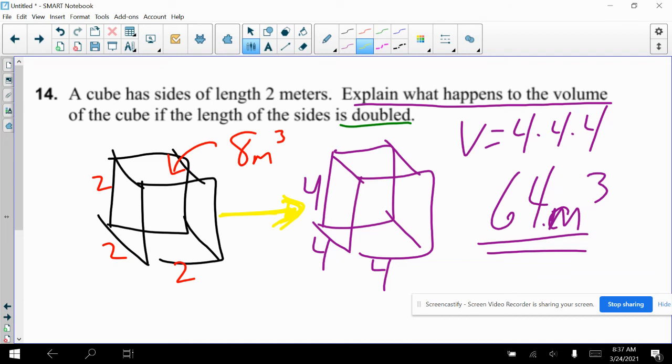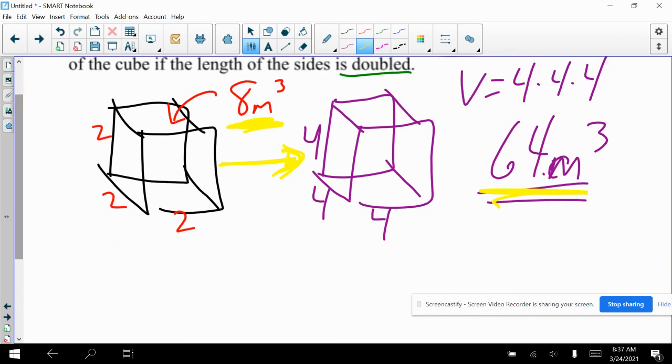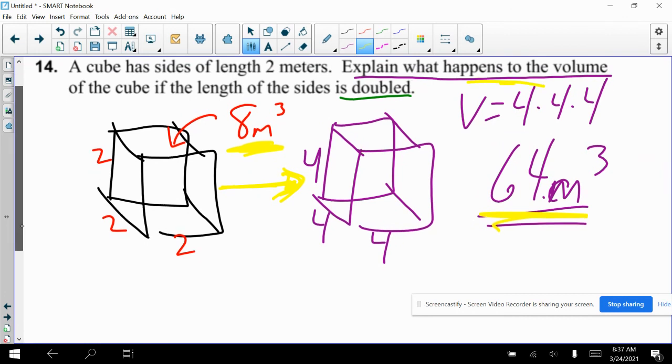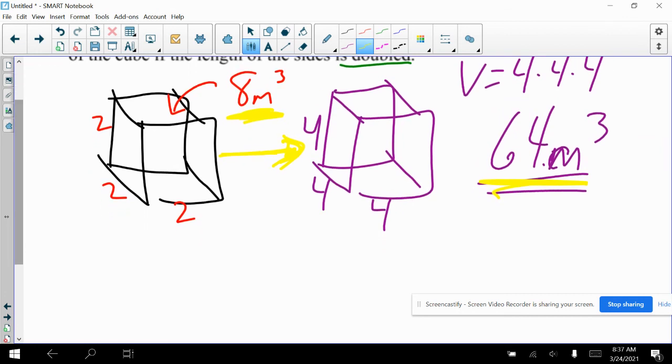No. Now, I'm glad you said that because 99% of the children, that's what they say. Well, the sides doubled. That means the volume's doubled. No. This is where you need the visual. What is the difference from there to there? Michael. Yeah, but we need to explain what happens to the volume. How many times larger did the volume get? That's what they're asking you.